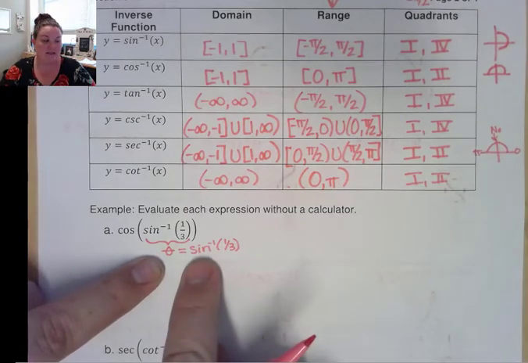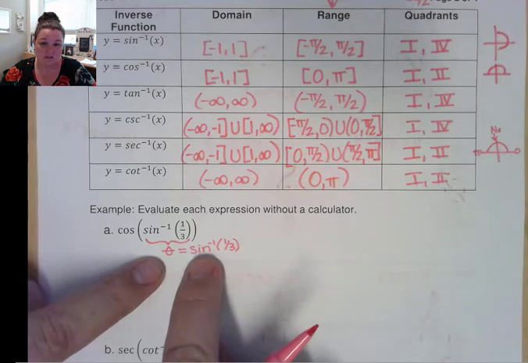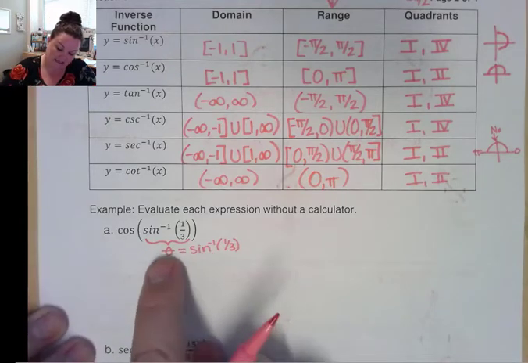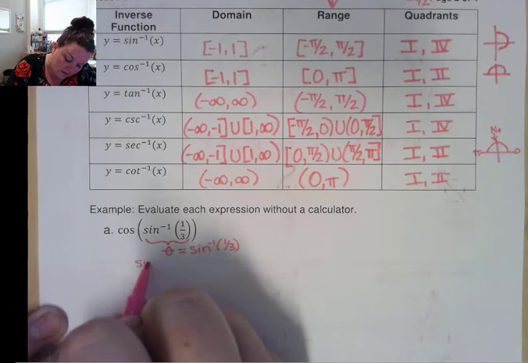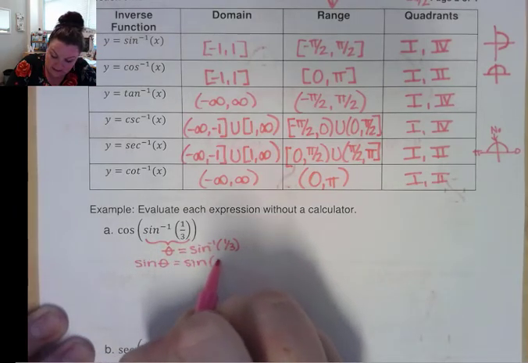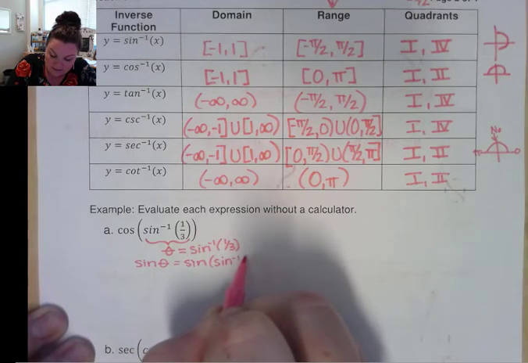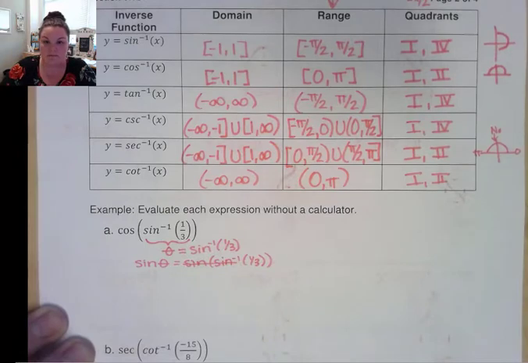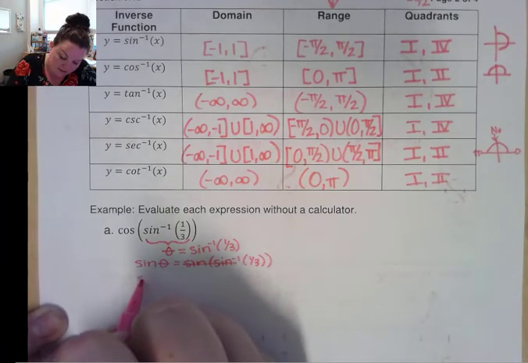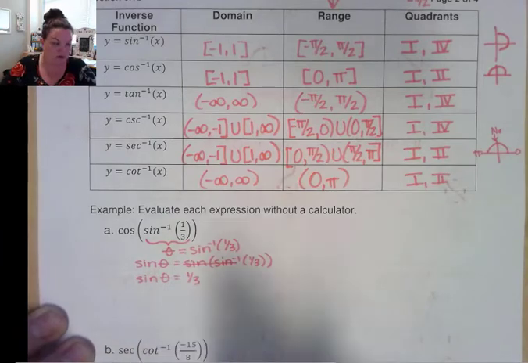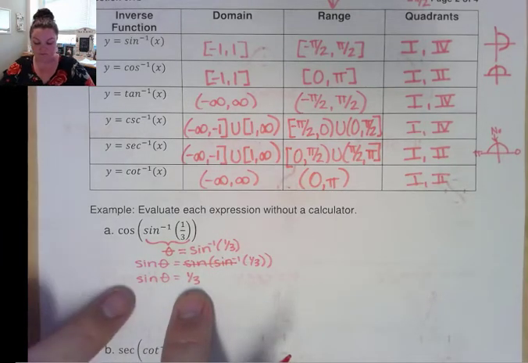Now this is something I can simplify. I can get rid of that sine inverse if I take sine of both sides. If I take sine of this side, I'll get sine theta. If I take sine of this side, my sine and my sine inverse are going to cancel, and I'll just be left with sine theta equals 1/3.